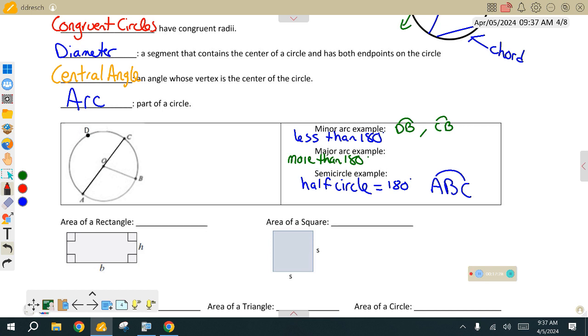So as Carter said, ACD. Again, trace it out, make sure it does go more than 180 degrees, more than a semicircle. That appears to do so. So just a little trip down memory lane.